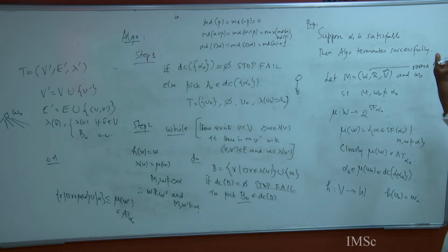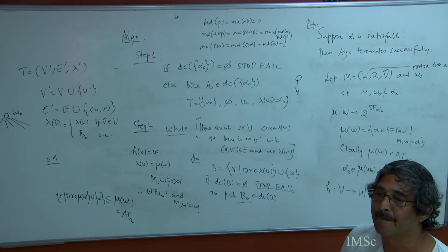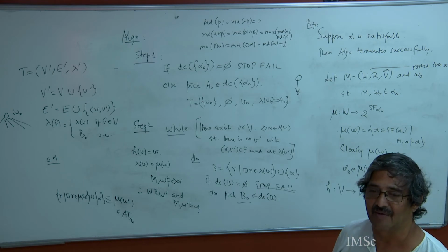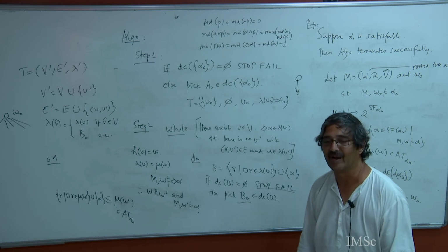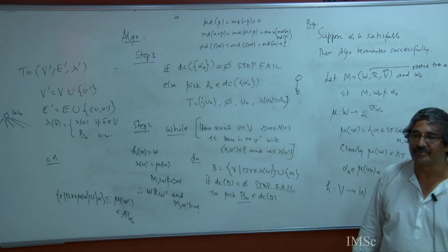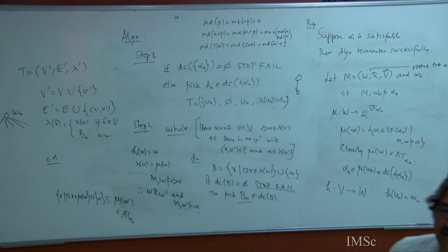So in case alpha naught happens to be satisfiable, my algorithm will successfully construct a tableau. It will never get stuck and it will stop because modal depth is coming down to 0. At the leaves I have only propositional formulas and I am done. Is it clear?